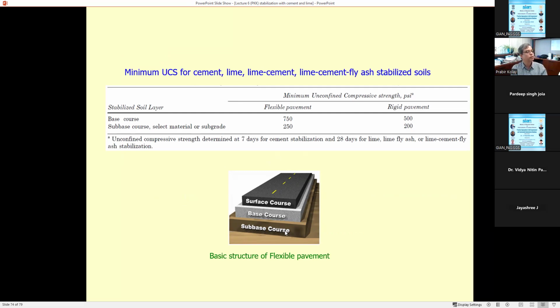Most of the time the native soil is below this, the sub-base, and then we need to stabilize or improve it. For the rigid pavement, obviously the flexible pavement is the asphalt one. The rigid pavement is basically the concrete pavement, and you need more strength compared to the flexible one. Okay.